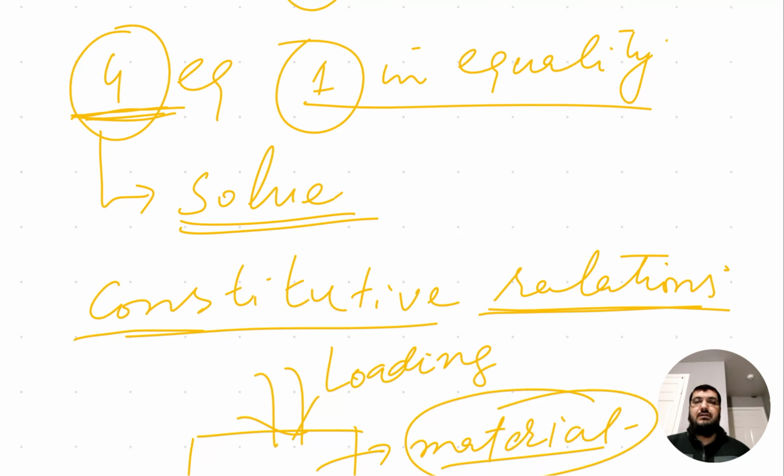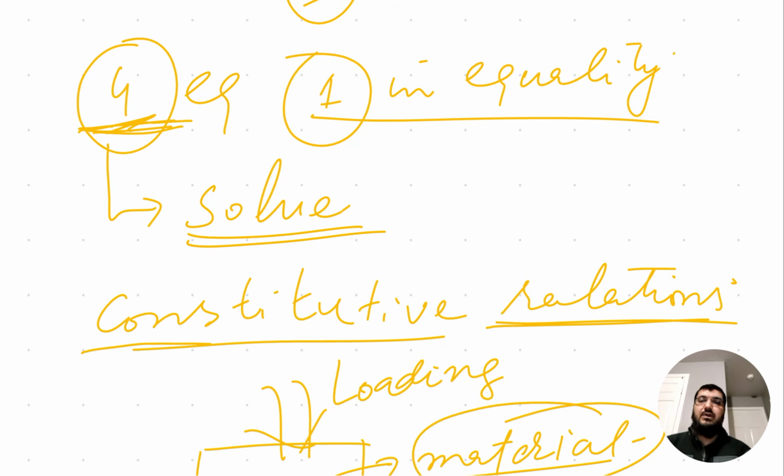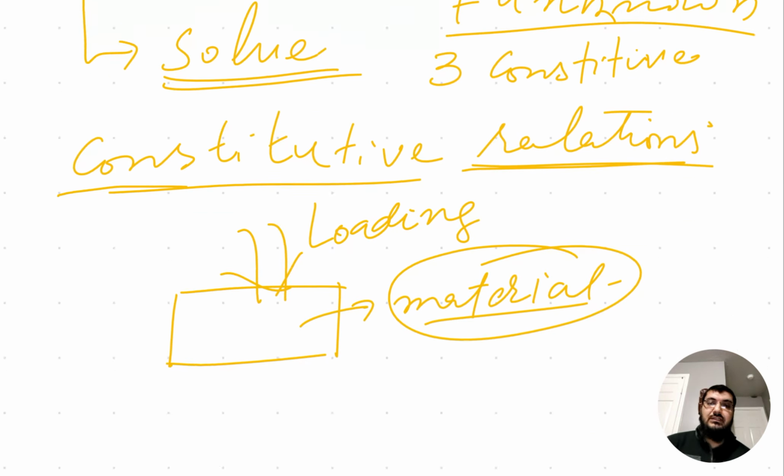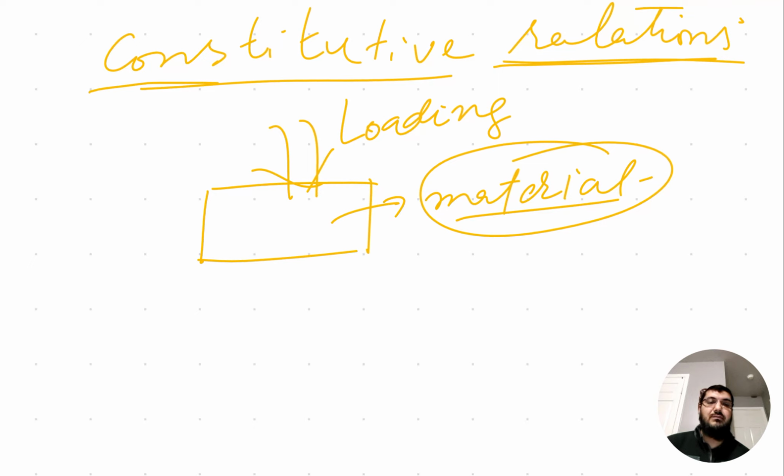Let's say, for example, in these four equations and one inequality, I have 7 unknowns. I will explain later on. So in order to close this system, I have 4 equations and 7 unknowns. So I have to make 3 constitutive relations in order to close this system. So I would say my system is closed.